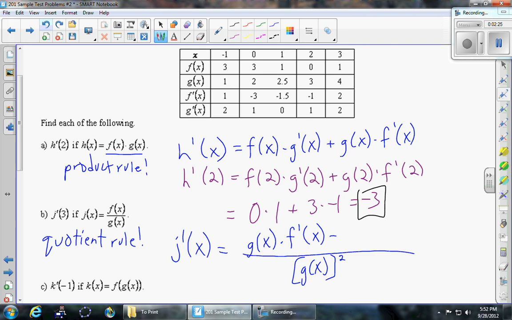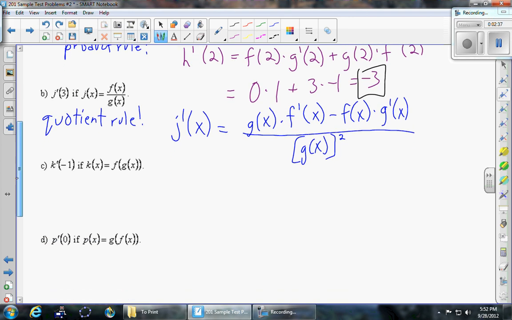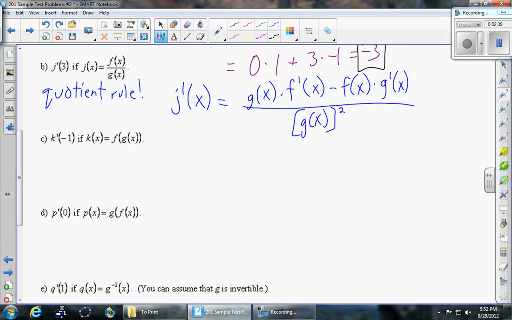Minus, in the quotient rule, top times derivative of the bottom. And again, over the bottom squared. So now all of those x's become 3's in this case. So we get j prime of 3.